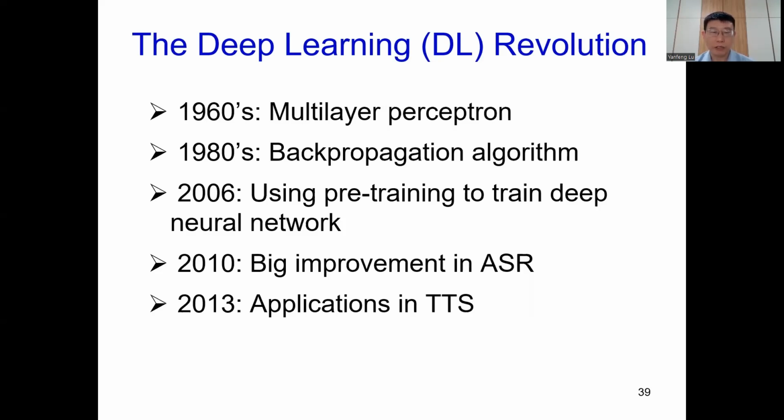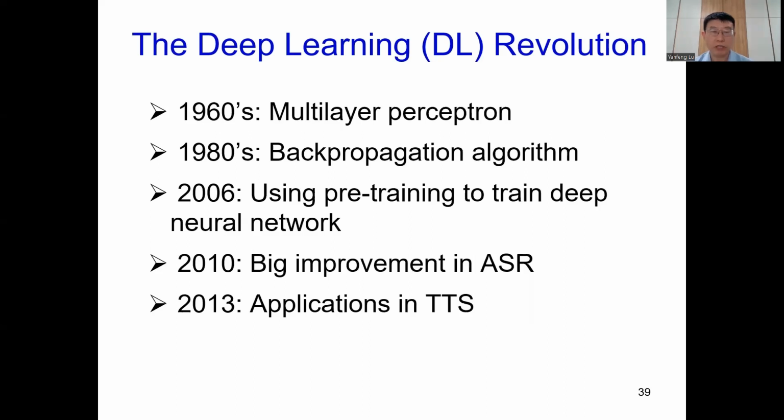And after this new development, in 2010, people applied deep learning in the field of automatic speech recognition and made big progress. After that, deep learning methods were applied in the field of text-to-speech in 2013, 3 years later.